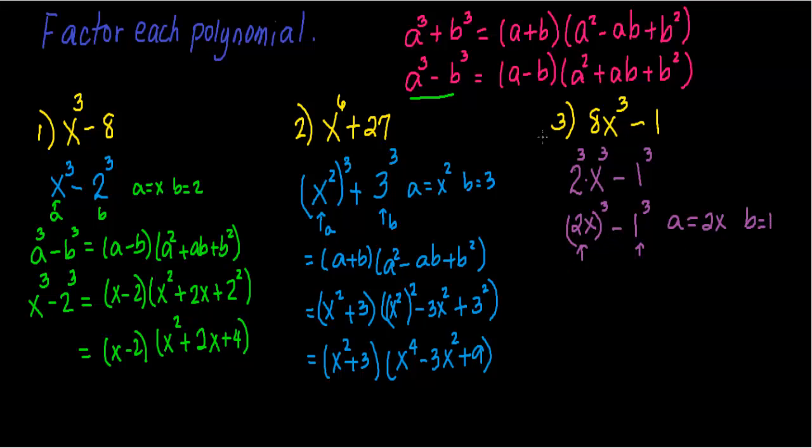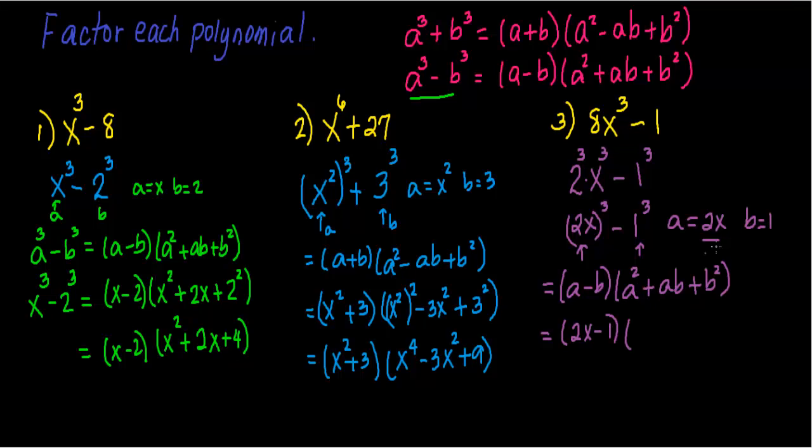Now let's use our formula. Since it's a difference of cubes, I'm going to use this one. So this should be equal to A minus B times A squared plus AB plus B squared. What is A? A is 2x. So 2x minus B, B is 1.